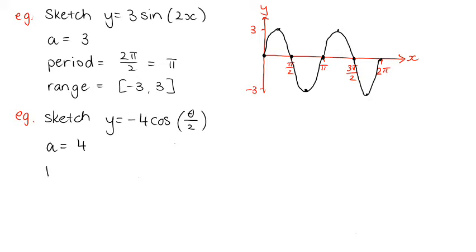What is our period? It's 2 pi over n. What is our n in this case? A half. So it would be 4 pi. Yes, it would be.